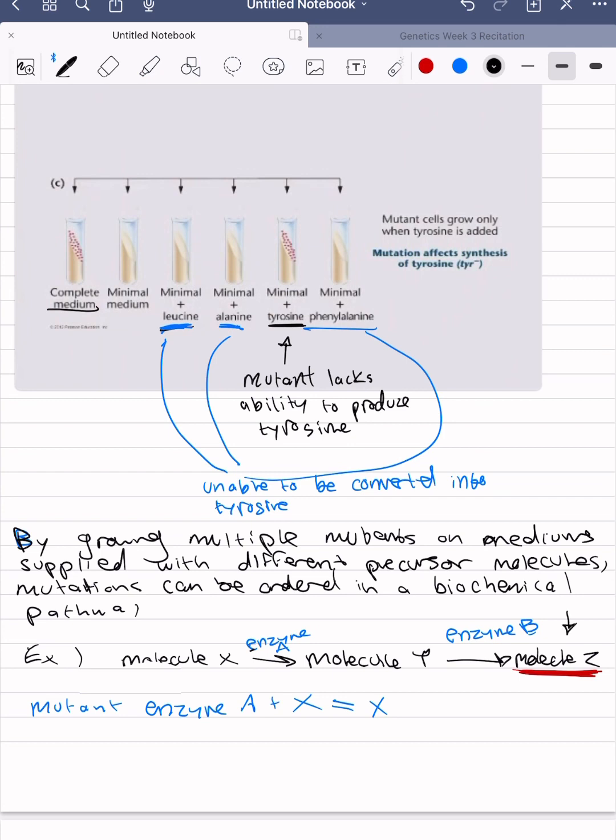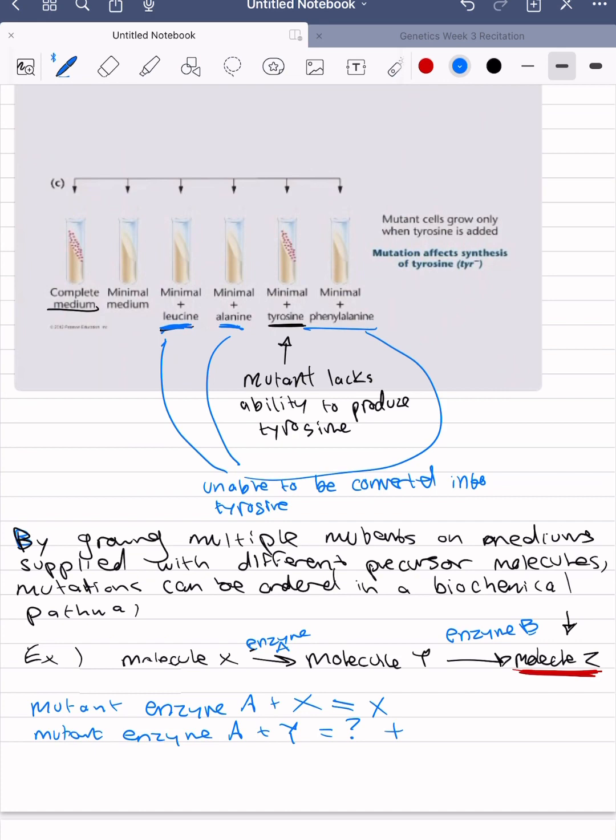Now, if we had, for example, mutant enzyme A with the addition of molecule Y, would that allow for growth?